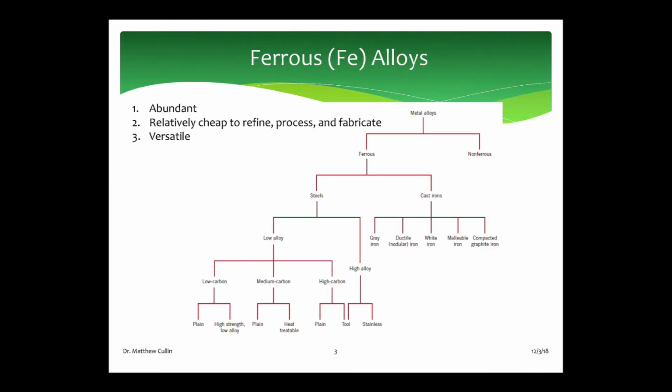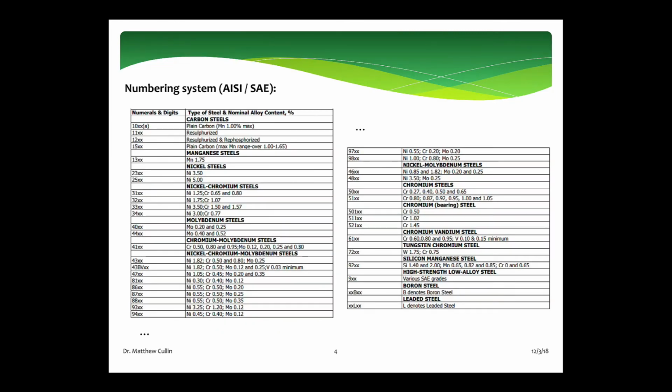The numbering scheme depends on where you're working, but the American Iron and Steel Institute and SAE, Society of Automotive Engineers, their numbering system is the most popular in America. The typical scheme is that the first two numbers tell you what else is in there besides iron and carbon, and the last two digits of the four digits are dedicated to telling you the weight percent of carbon that's present.